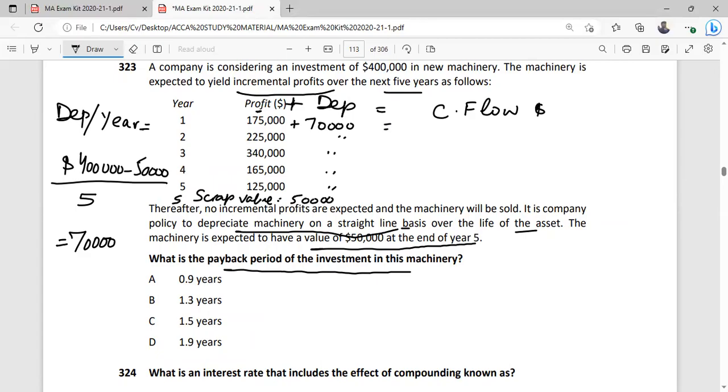So add back 70,000 each year. 175 plus 70,000, I think it will become 245,000.